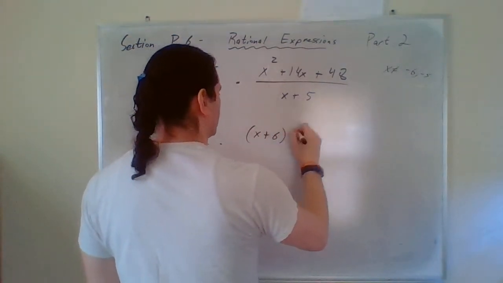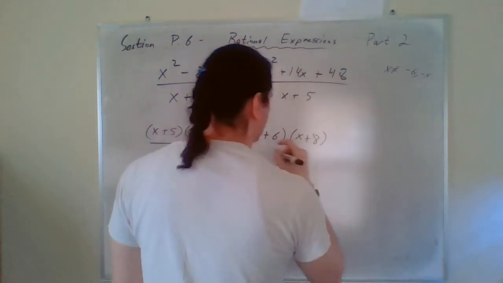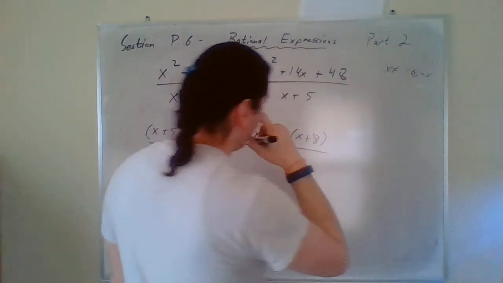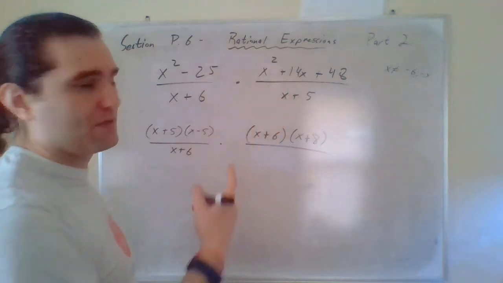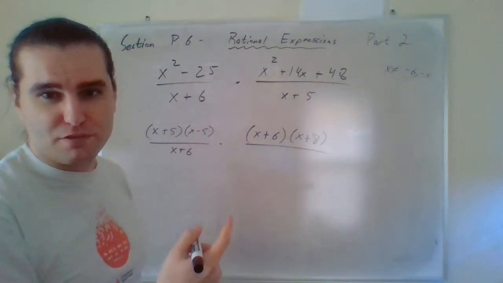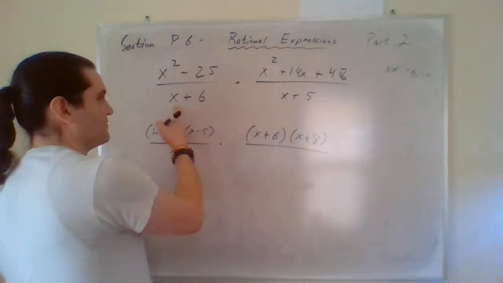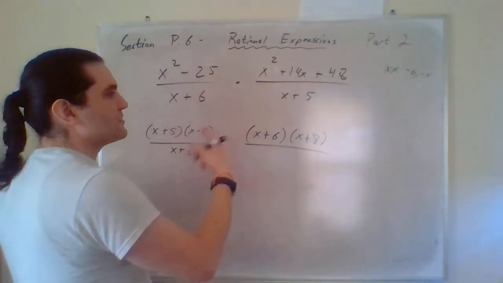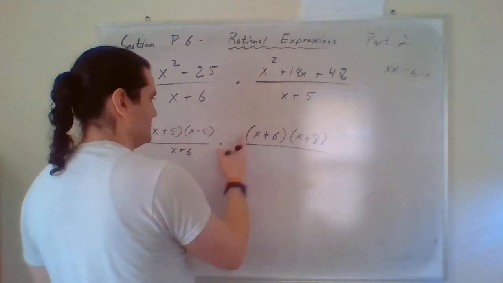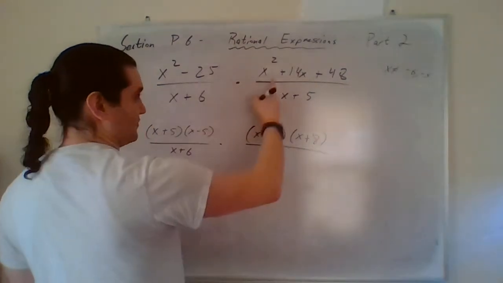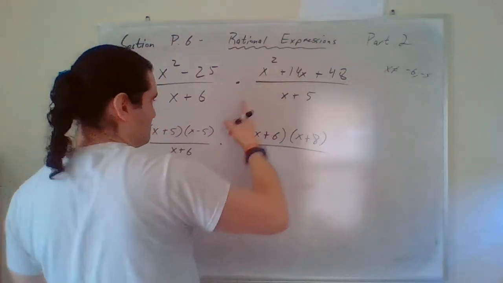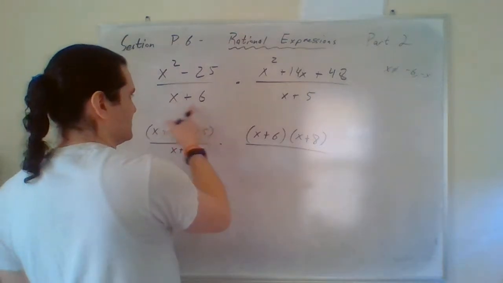X plus 6, x plus 8. If you're looking at these things and wondering how they factor, if you get confused about how they factor, check to see if one of these things is a factor, because these problems are usually set up that way so that these things cancel. So if you're stuck on this, check to see if this is one of your terms.